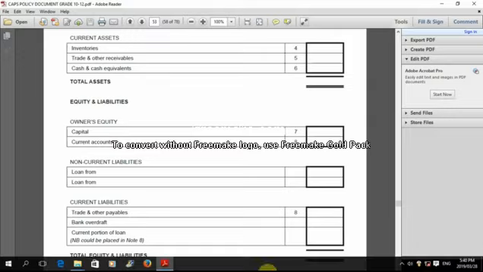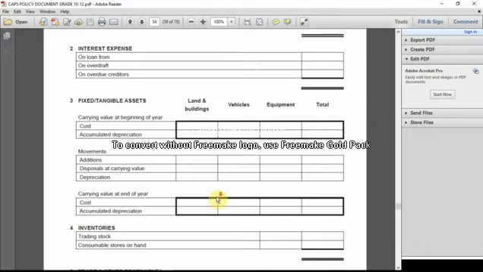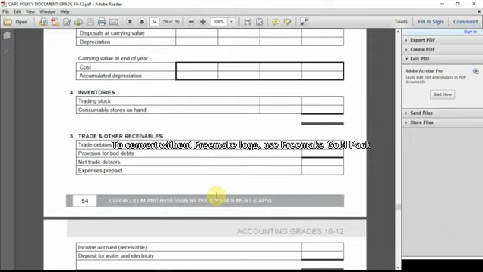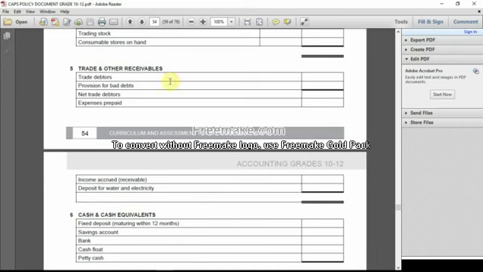Trade and other receivables, so that is, we mostly think debtors, people that owe us money in the short term, to whom we sell goods. So we have our trade debtors, which is like debtors control, and then we will have to subtract the provision for bad debts, because we know historically all of our debtors will not pay us.